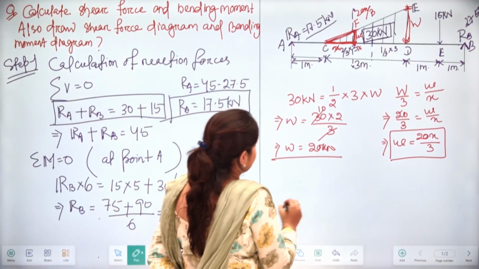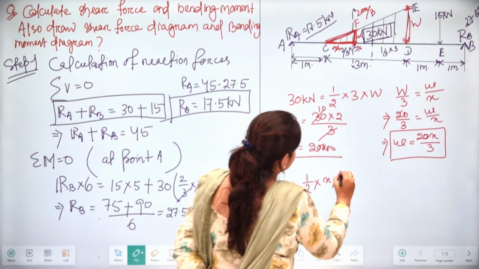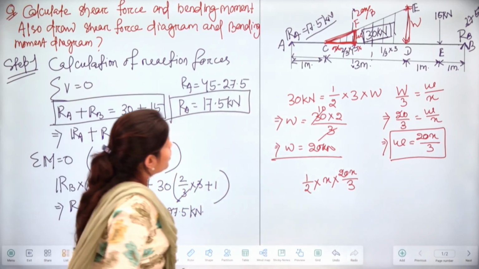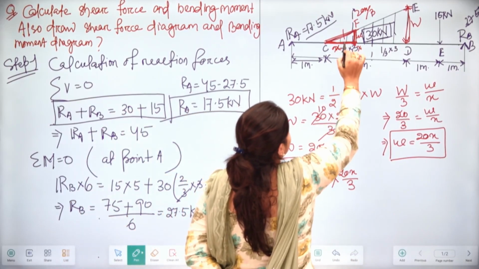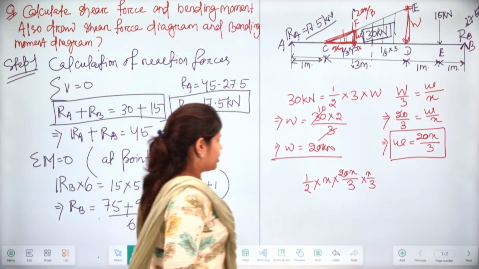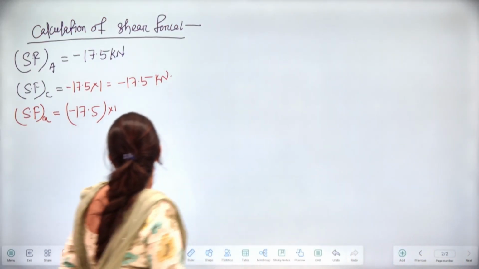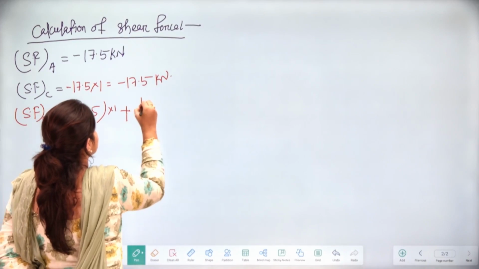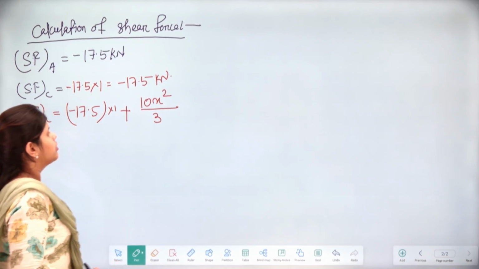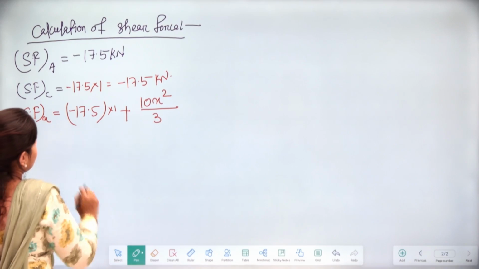Here the load will be half into x into 20x by 3, that will be applied at a distance of x by 3. So, plus 10x square by 3 will be our shear force at x.